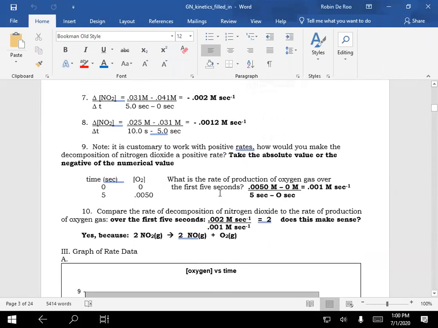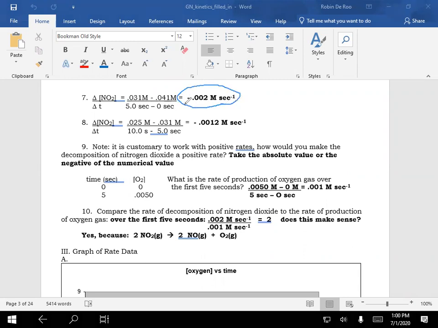Okay, so let's compare the rate of the decomposition of the nitrogen dioxide to the rate of production of oxygen gas over the first 5 seconds. Okay, so this was the rate of our decomposition of nitrogen dioxide.